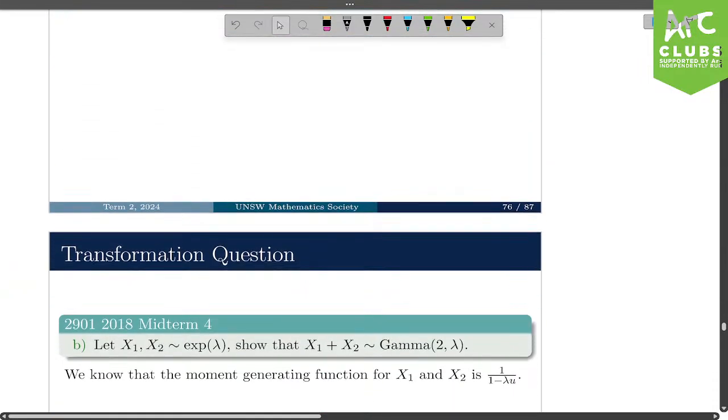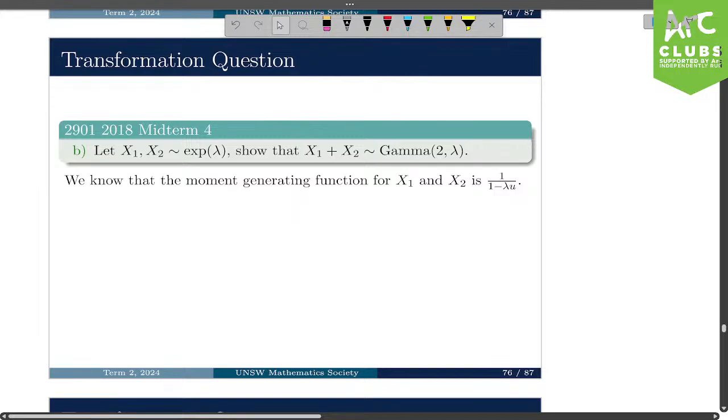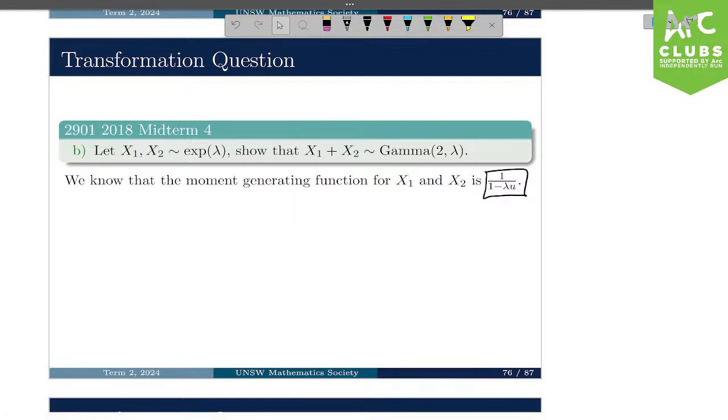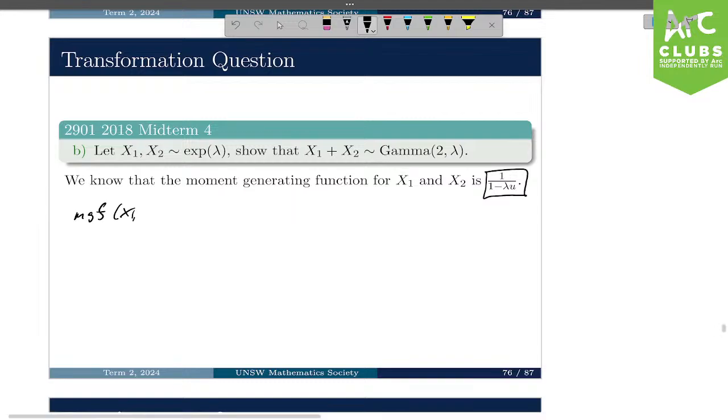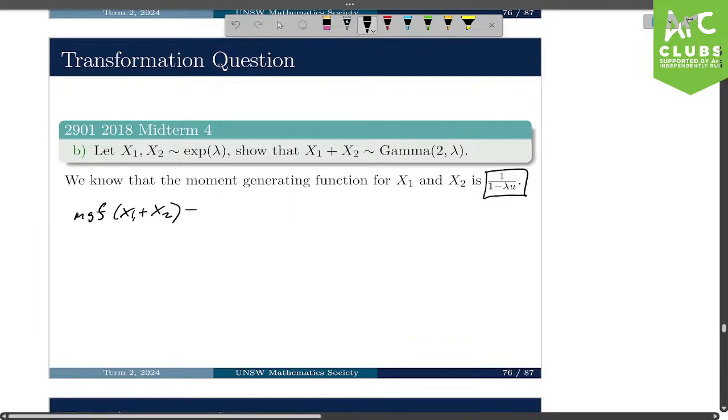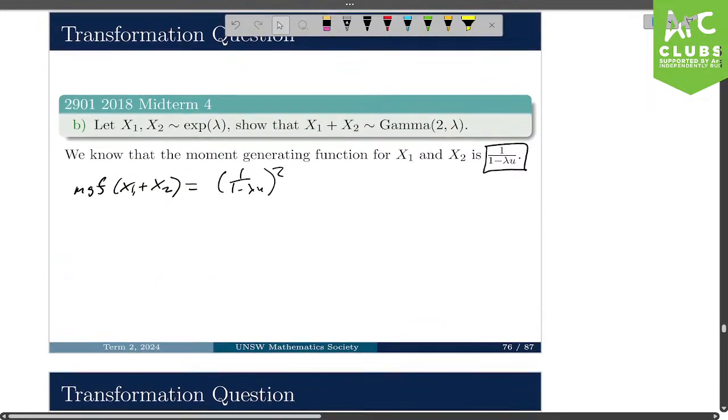We know that the moment generating function of an exponential distribution is given by 1 over 1 minus lambda u. I mean, usually we use s now, but u is a pretty cool letter as well. So we have that the MGF of x1 plus x2 is then going to be equal to 1 over (1 minus lambda u) squared, right? Because we're taking the product now.